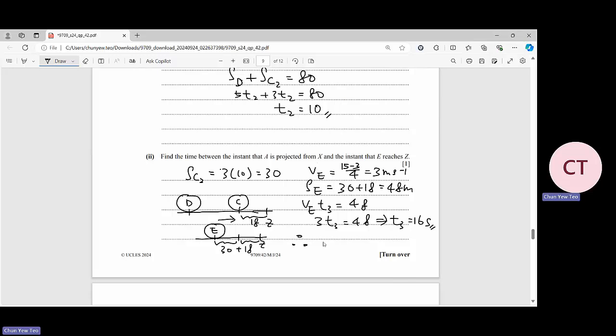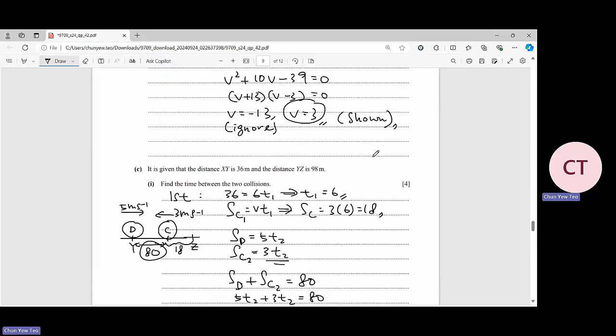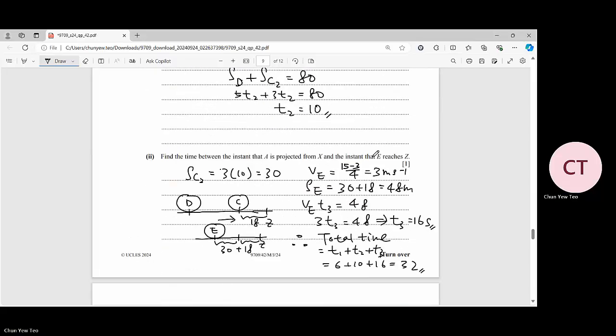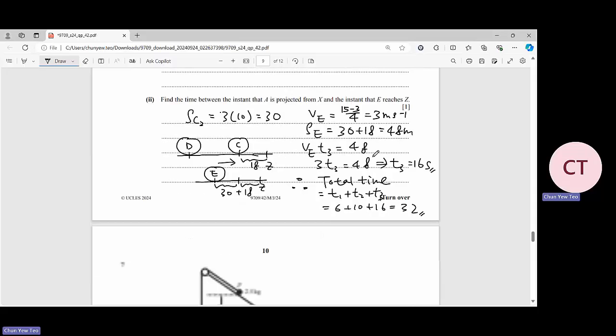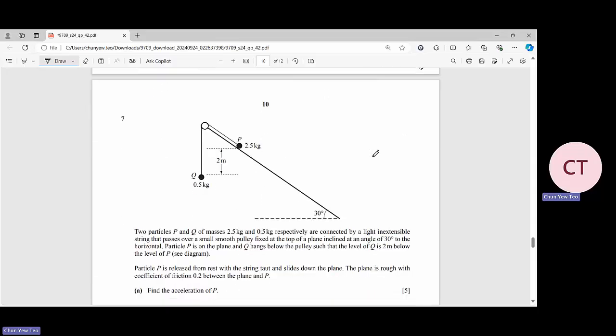So therefore, the total time is equal to the t1 plus t2 plus t3. That will be 6 plus 10 plus 16. The answer will be 32 seconds. Okay, so this is the answer for the question C part 2. Okay, done. Now moving on, we have question number 7.